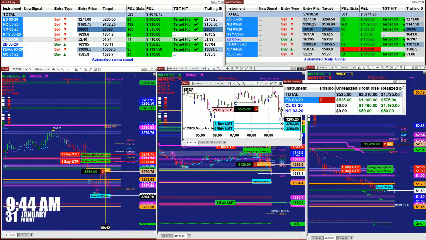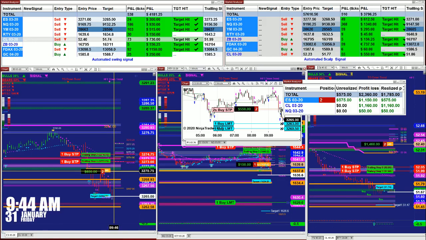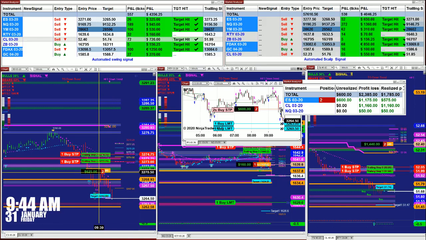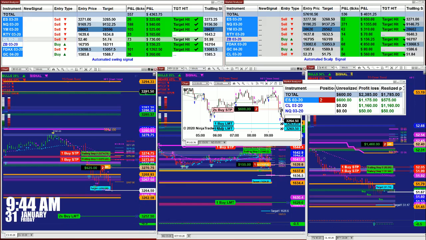As we see, the ES hit the target on $600. The ES on the market analyzer is 22 ticks. This one here is 44 ticks. On one trade, the market analyzer is based on one contract. We have almost $300 on one contract, and this one here is 2 contracts, 625.